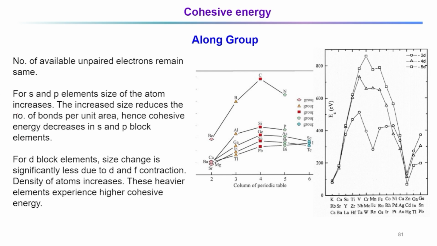Now for S and P block elements, the size of the atom increases as we go from top to down. It becomes bigger because we are increasing the number of shells or orbits. The increased size reduces the number of bonds per unit area. So as the atoms become bigger and bigger, the number of bonds per unit area decreases.